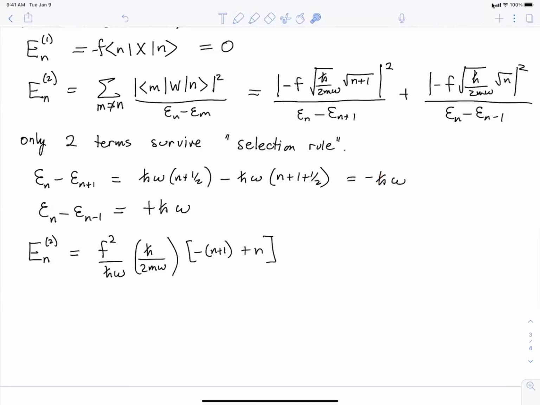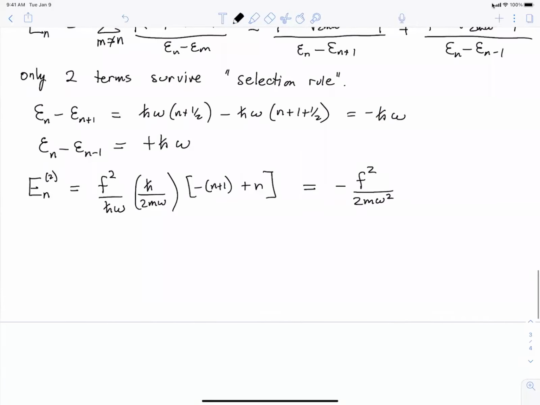Okay, and so when we simplify that slightly, this just turns out to be minus the force squared divided by 2m omega squared. And so when we put everything together for the energy, it's curly E sub n plus E n1 plus E n2.